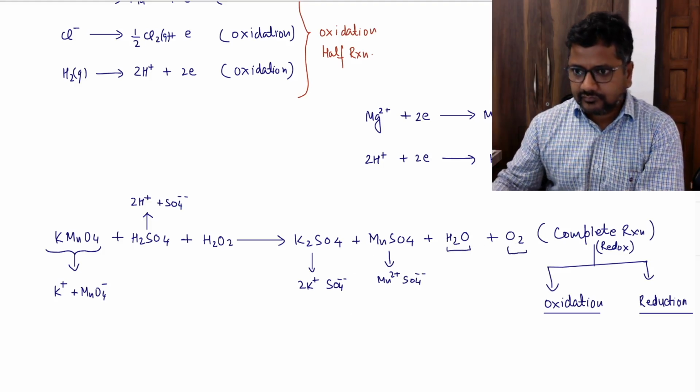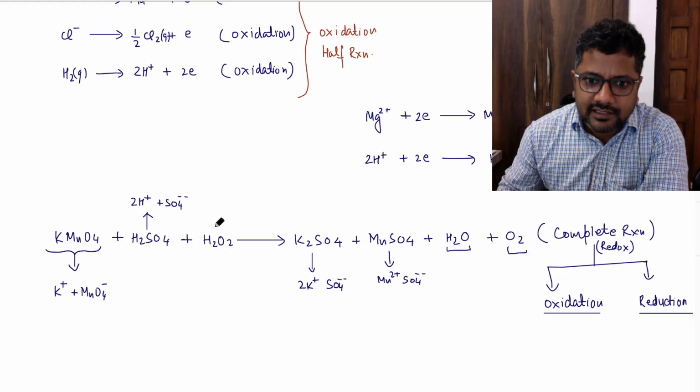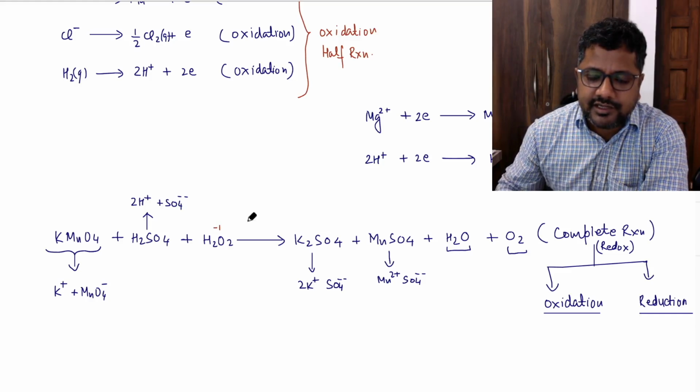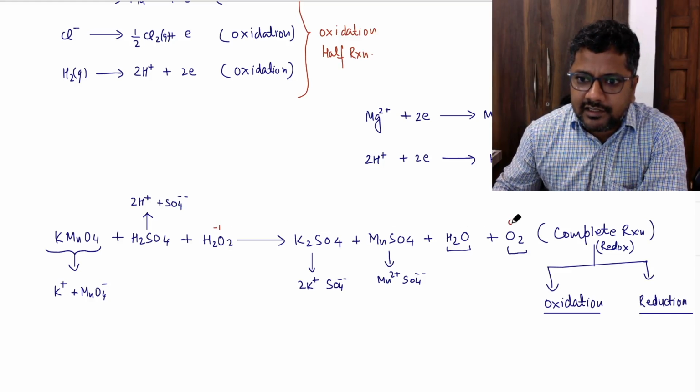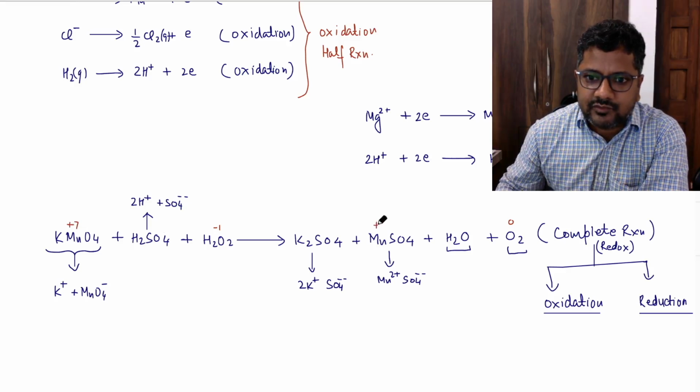So if you clearly observe here, you will find that the oxygen state here is -1 and here it is 0, here it is +7 for Mn and here it is +2.